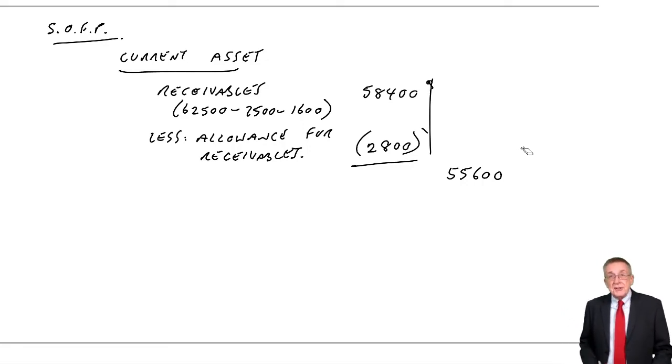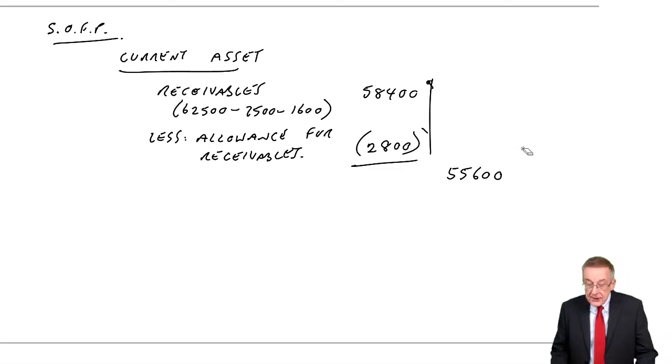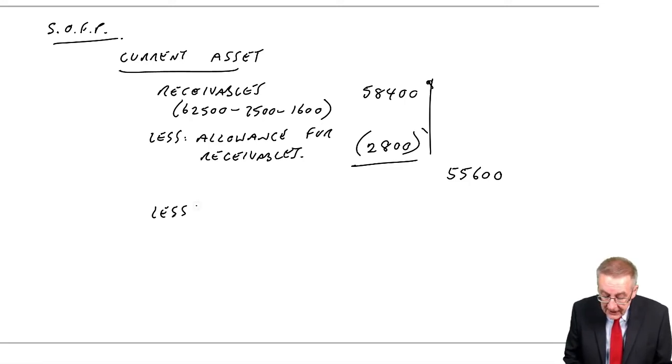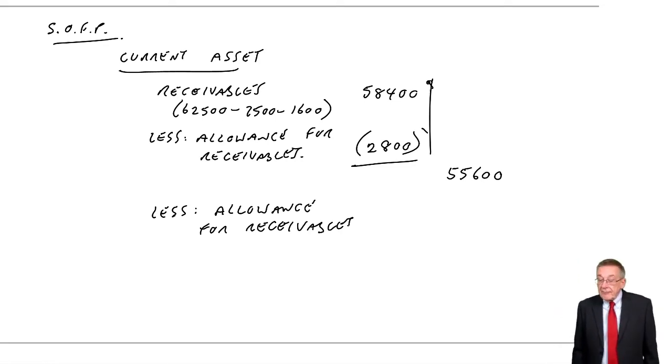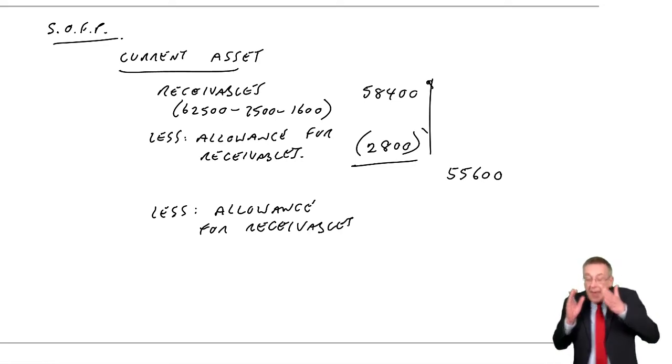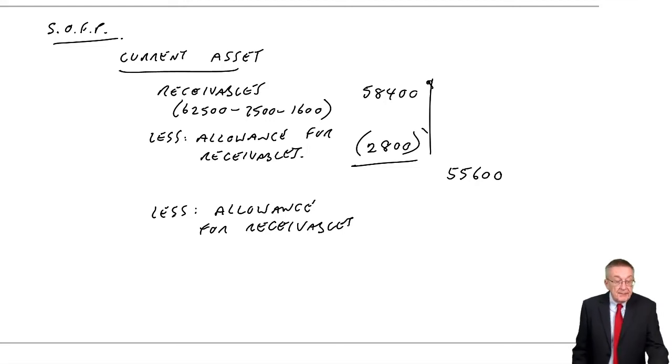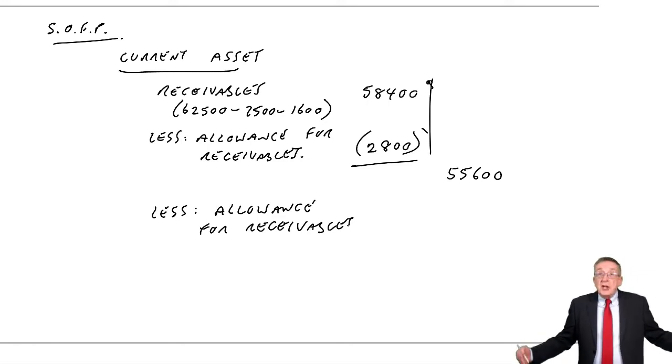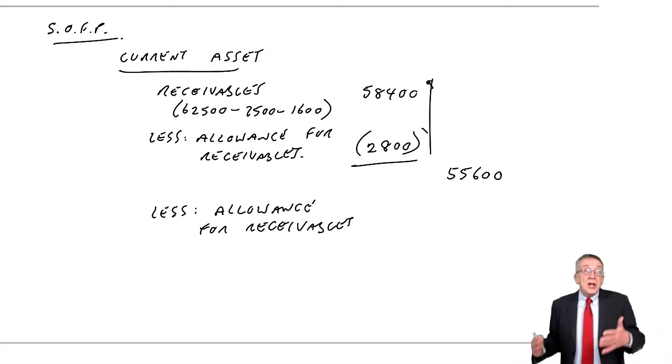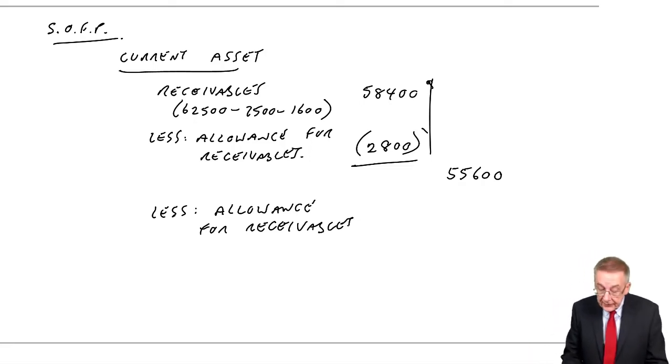And so to be extra safe, I'll subtract an extra 4%. Again, we call it allowance for receivables. But this time, instead of it referring to a specific debtor, Z, we knew was a problem, we've deducted just a general 4%.